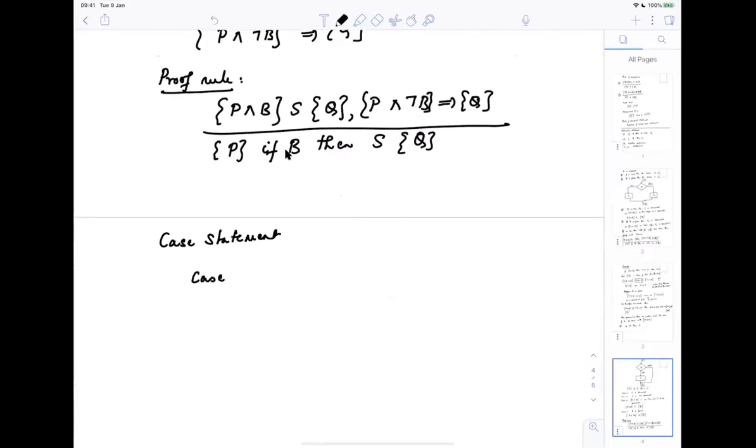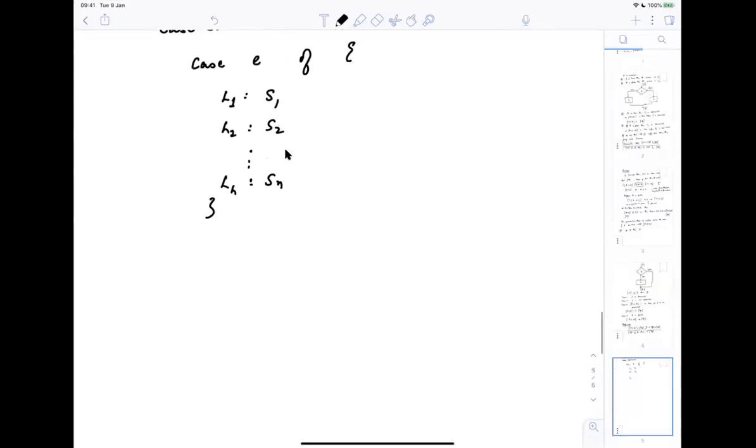This is case expression E of L1 colon S1, L2 colon S2, Ln colon Sn is what it states.